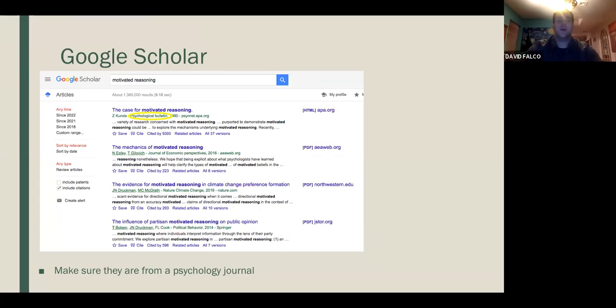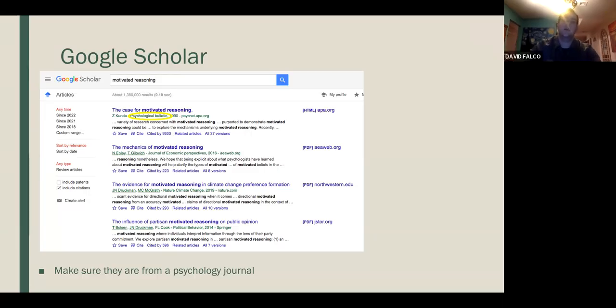But it's also important that when you're going through your research study, you have a slight preference towards journals that are more psychology oriented. For example, I highlighted that the case for motivated reasoning, the Kunda study that he is citing the definition of motivated reasoning from, is from Psychological Bulletin, which is a well-respected psychology journal.